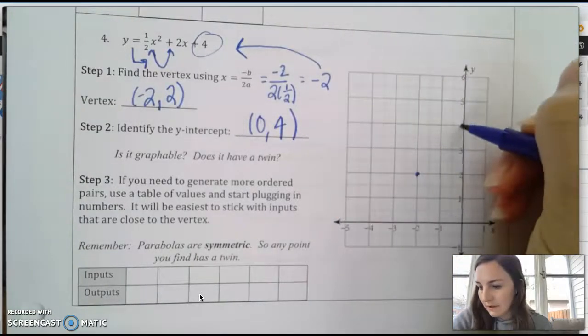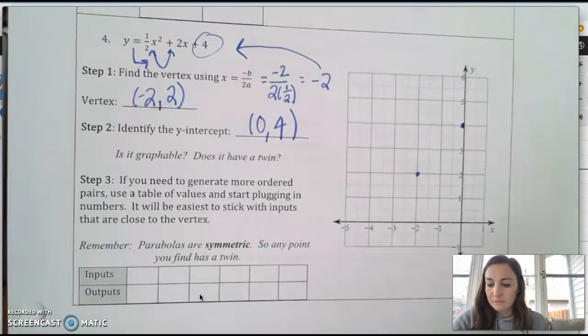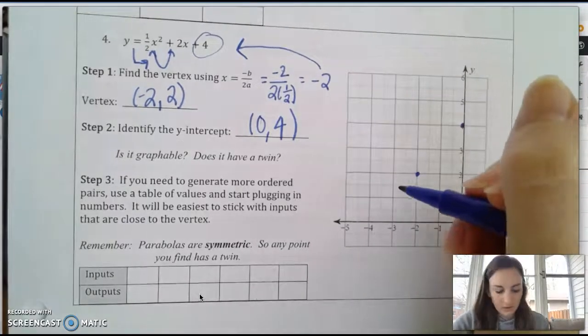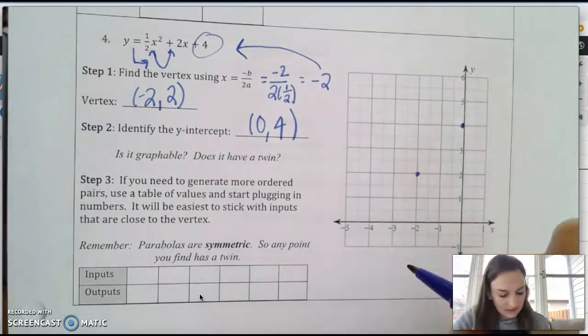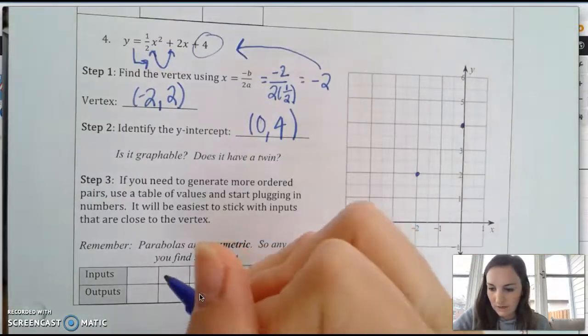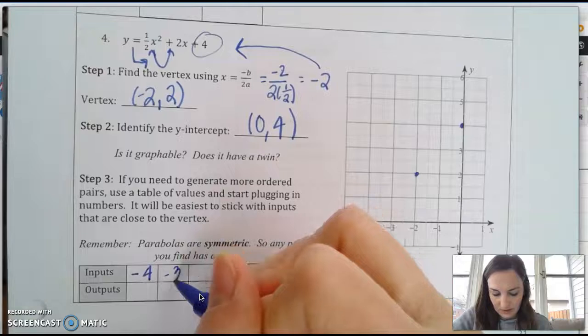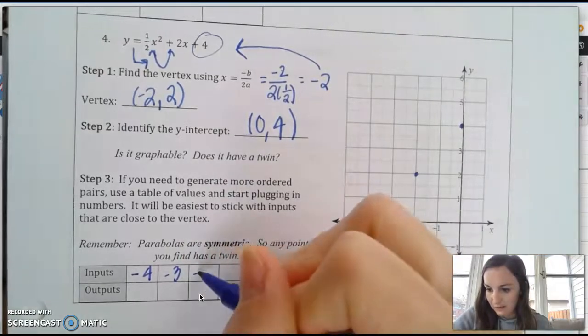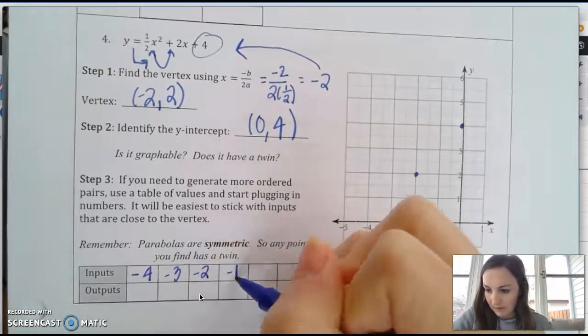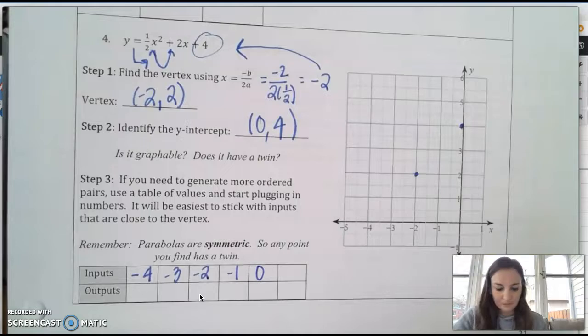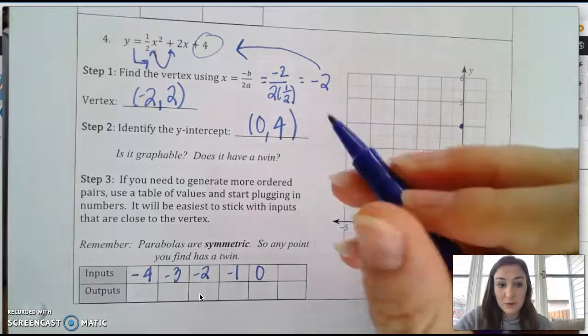So I'll go ahead and graph 0, 4. So now I want to make sure I can graph on both sides. So I will do a point, let's say at -4, -3, -2, which I already have, -1, and 0. So at -4, I'm going to substitute that back in.